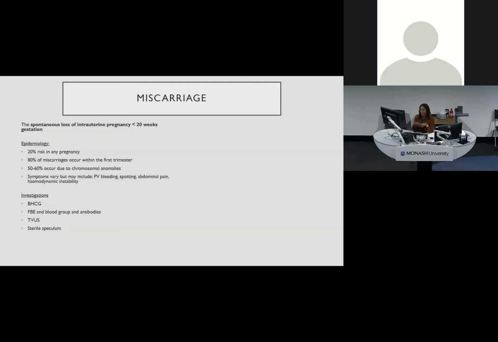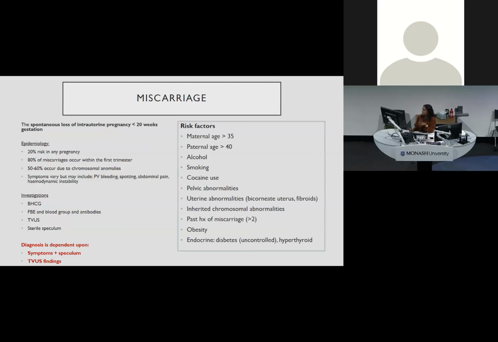So are they currently miscarrying? By looking at the status of the os, you will be able to identify what type of miscarriage this is and what form of management you will need to do. So essentially, the speculum exam and your ultrasound are the 2 big ticket areas in terms of investigation to push you into what type of miscarriage this is and how you are going to manage it.